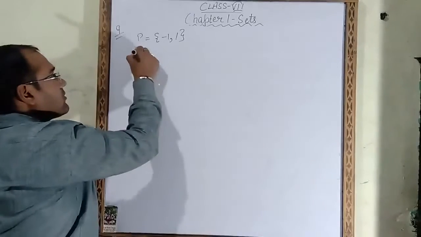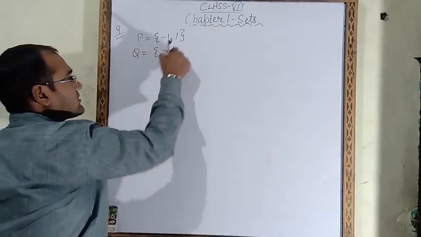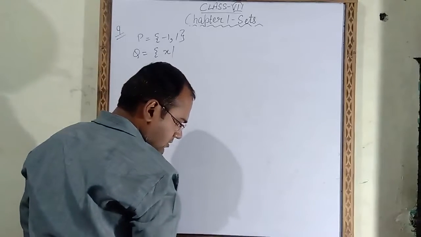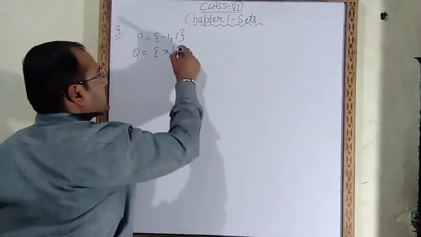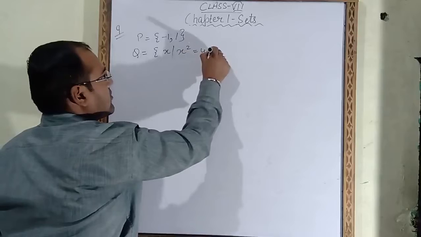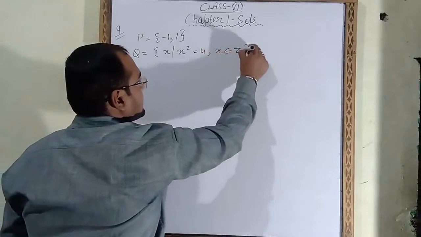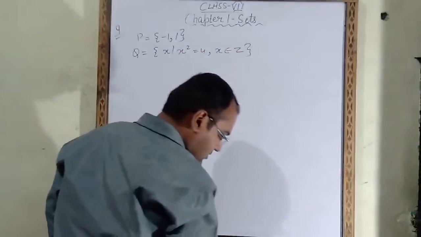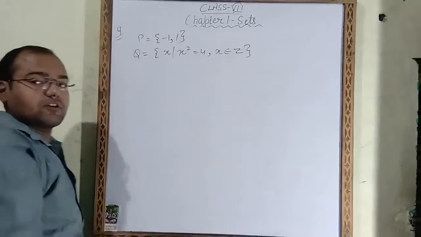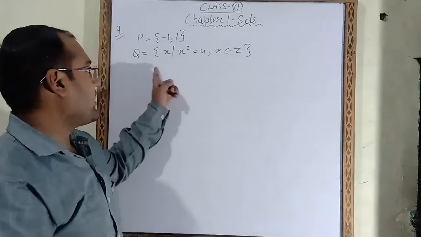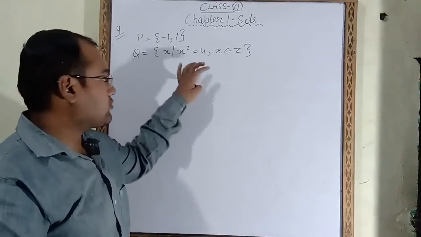Q is the set of x such that x square is equal to 4 and x belongs to Z. So P values are given, -1 and 1. Q values are not given. We have to solve it.